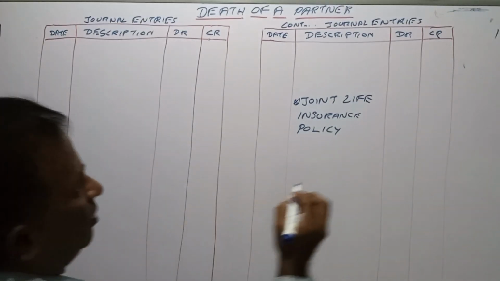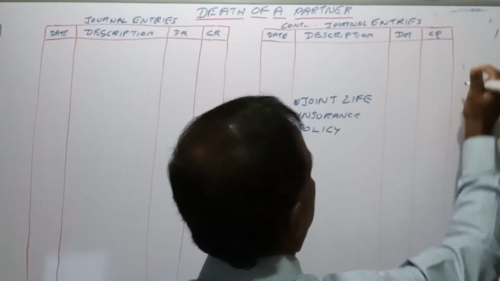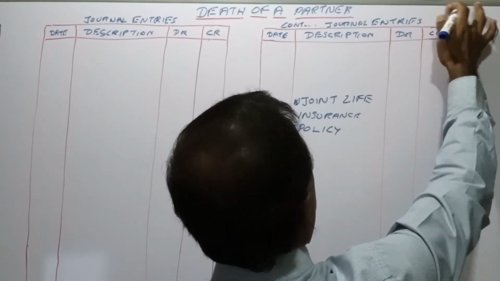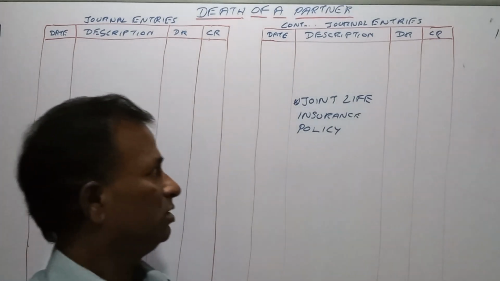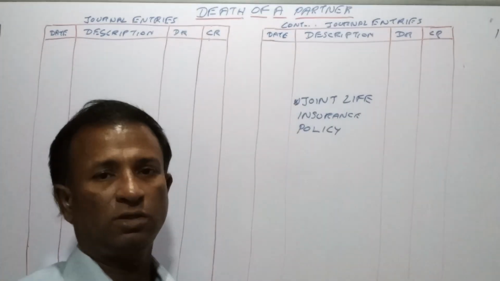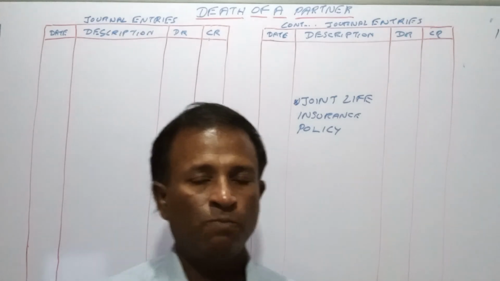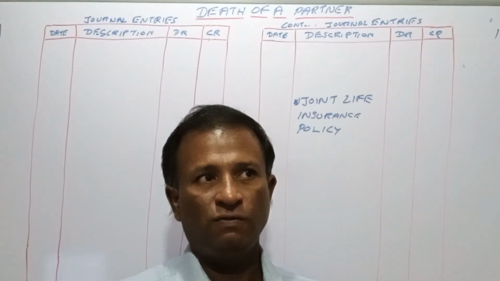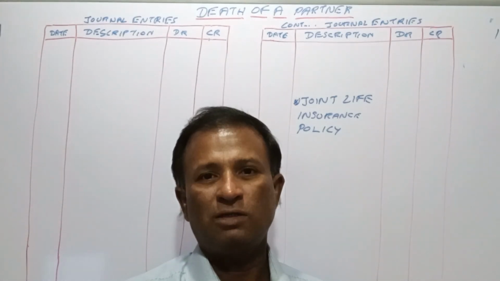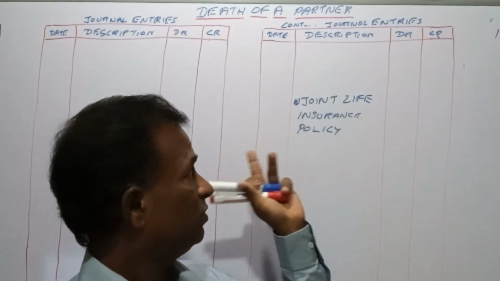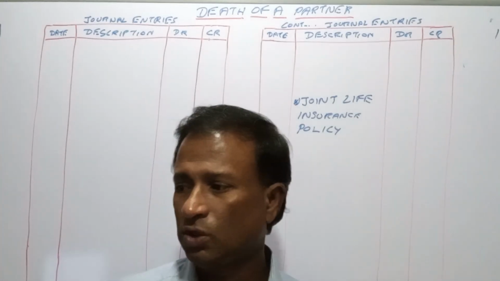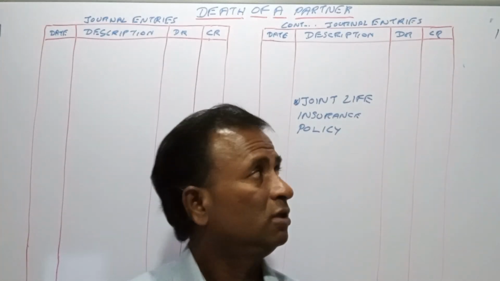LIP in the sense joint life, joint LIP means joint life insurance policy, right? If one of the partners died, you had taken a joint life insurance policy.